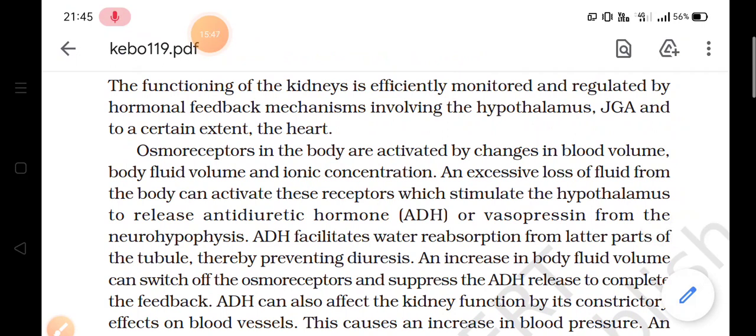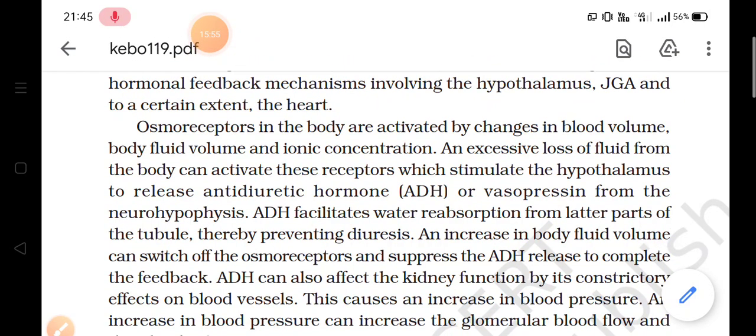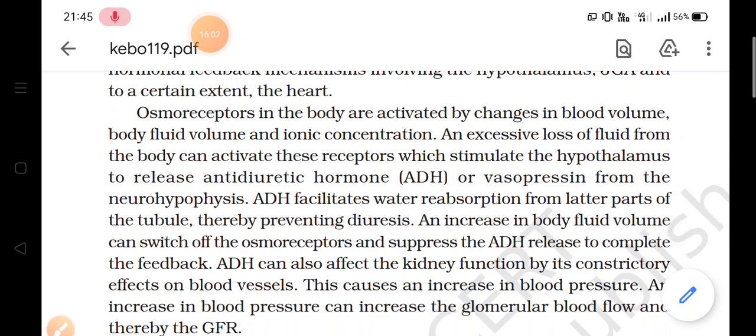This hormone will reabsorb water from the later parts of the tubule, because excessive loss of fluid has taken place. Now there is less water in the blood, and water is required for many activities. So there should be no excessive secretion or loss of water from the body.